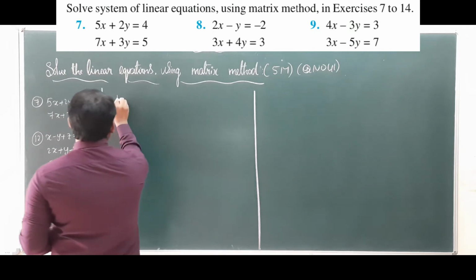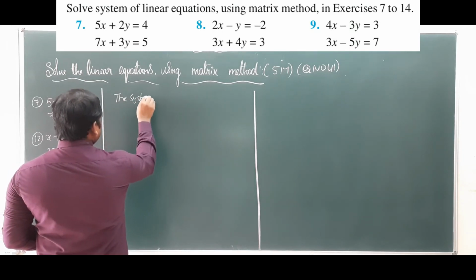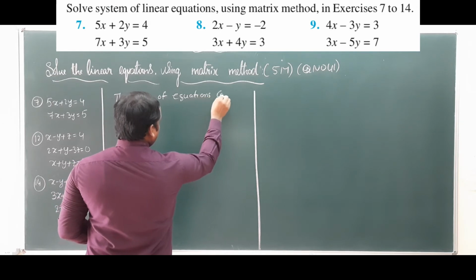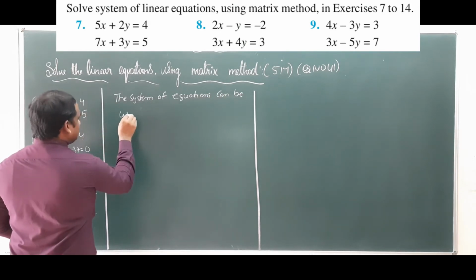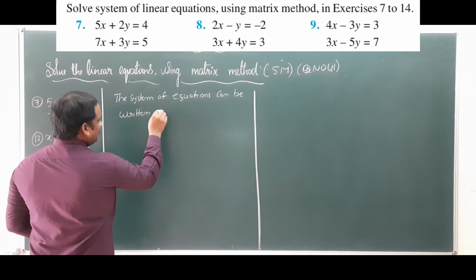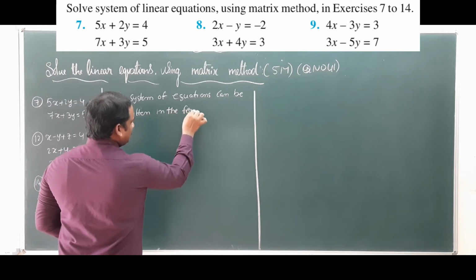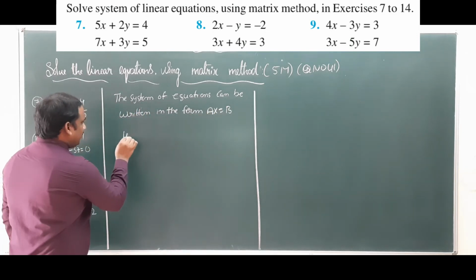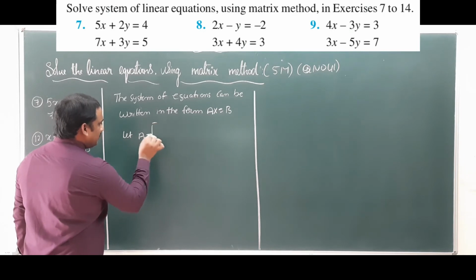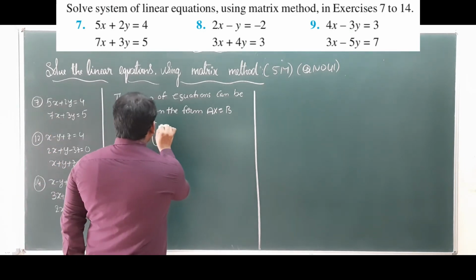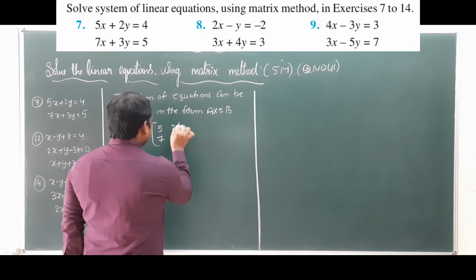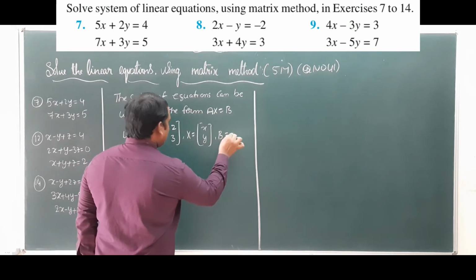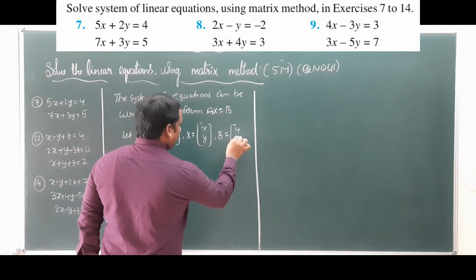Now first step you have to write the system of equations can be written in the form AX equal to B. Here let A equal to 5, 2, 7, 3, X equal to x, y, B equal to 4, 5.